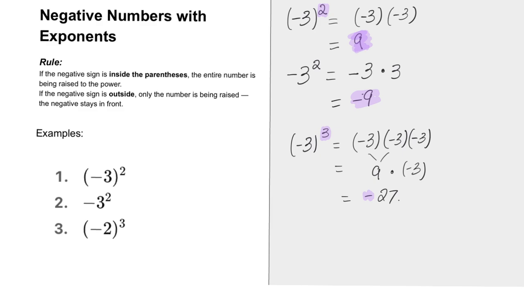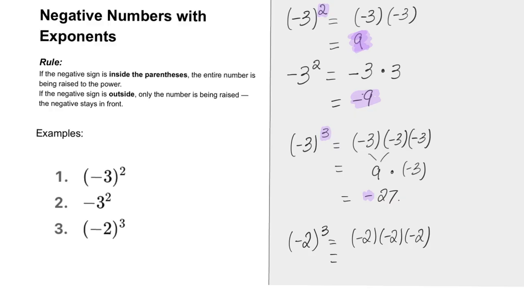So let's try one more. Now we can clearly see that -2 is inside the parentheses, so the entire thing will be raised to the 3rd power, which means our base is -2. Let's go ahead and do that.